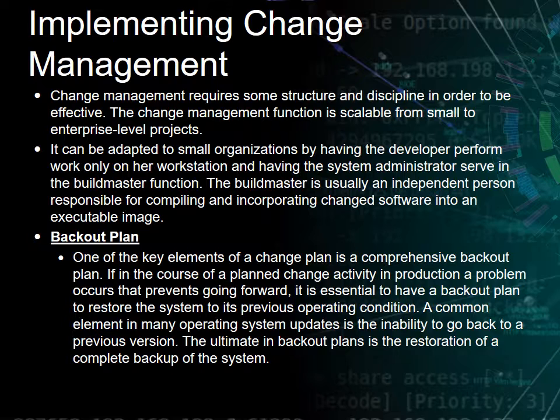If, in the course of a planned change activity in production, a problem occurs that prevents going forward, it is essential to have a backup plan to restore the system to its previous operational condition. A common element in many operating system updates is the ability to go back to a previous version. The ultimate in backup plans is restoration of a complete backup of the system.